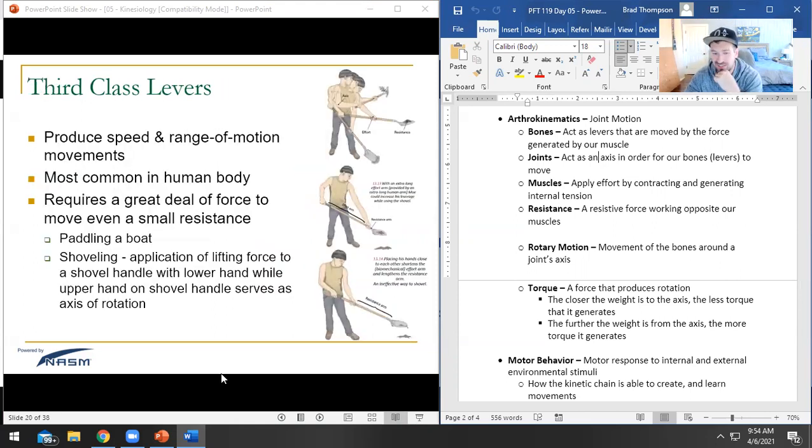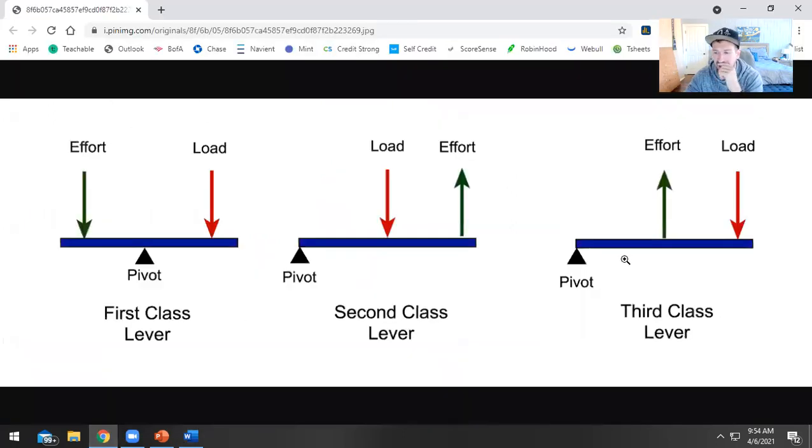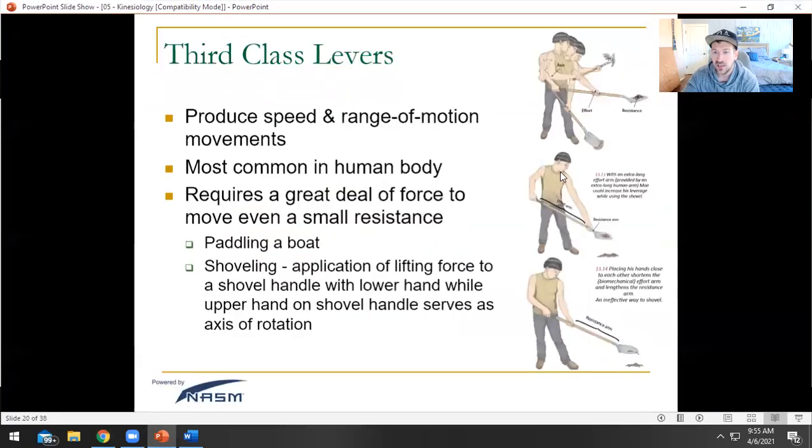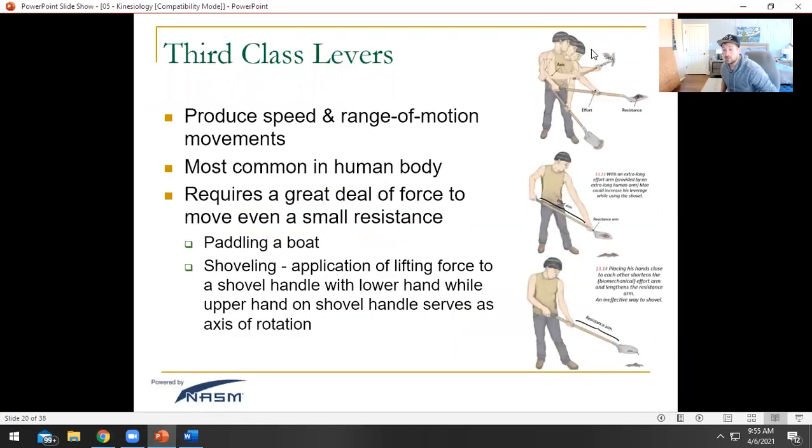And then we've got third class levers, and third class levers are sort of the opposite, right? The pivot's at the very end, but this time effort's coming upwards and load is going downwards. So this one is kind of interesting, because the effort's applied to the middle, and that's overcoming this load, right? You can think of this as if you were shoveling something. You guys have probably tried to shovel something.